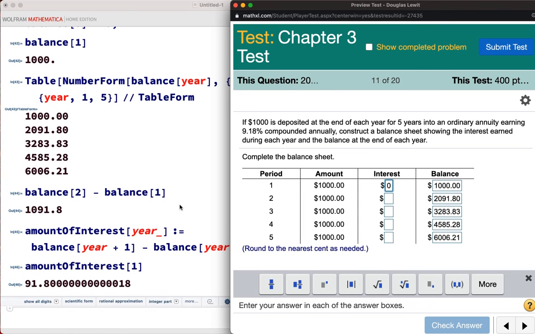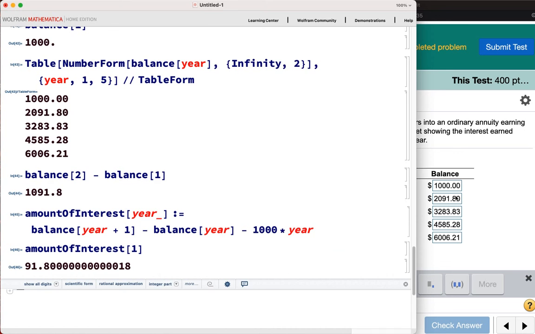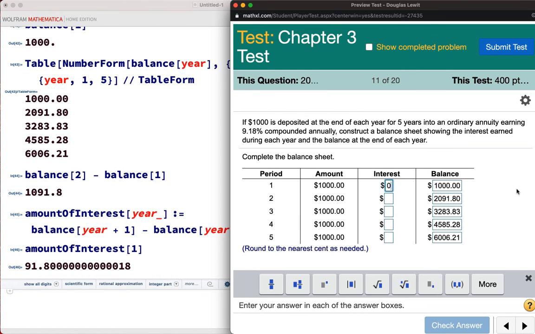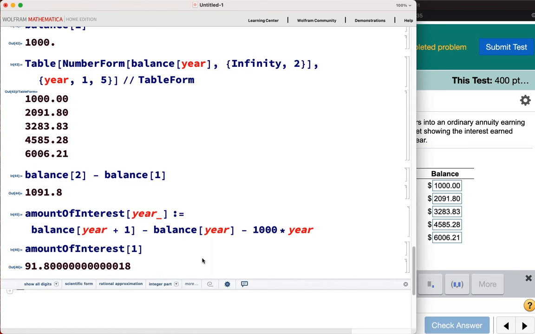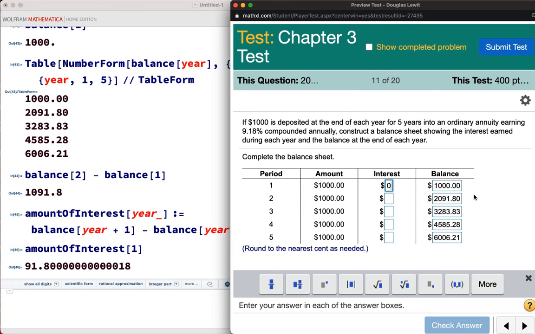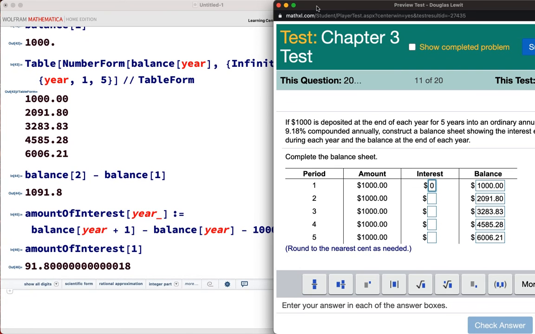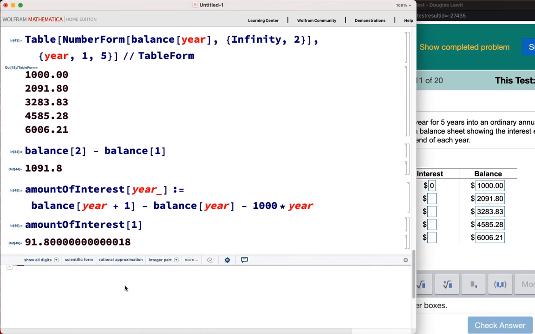Now, my only question is, hold on one second. You know what? The problem with my formula is I think everything is shifted over by 1. Because I think this is actually going to be the interest for the second year.